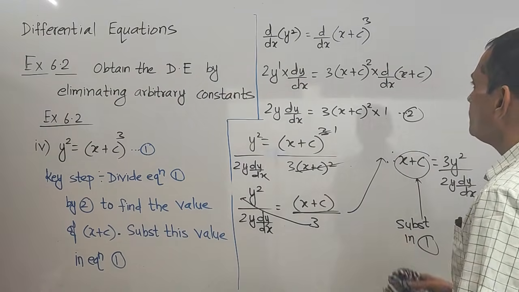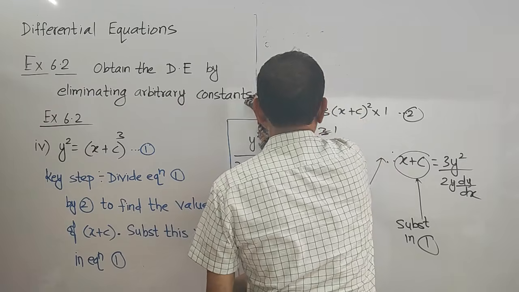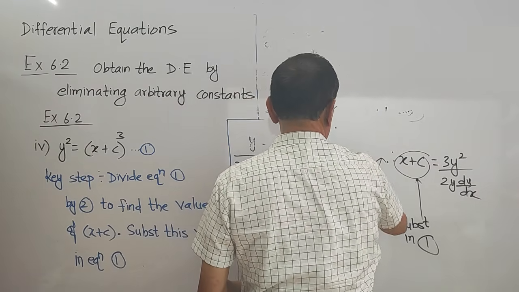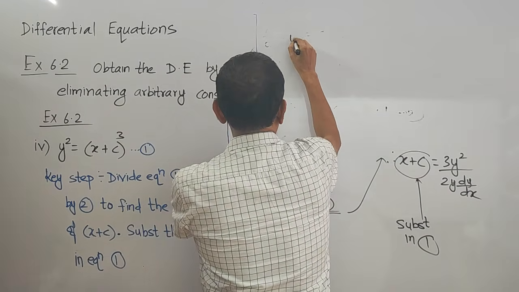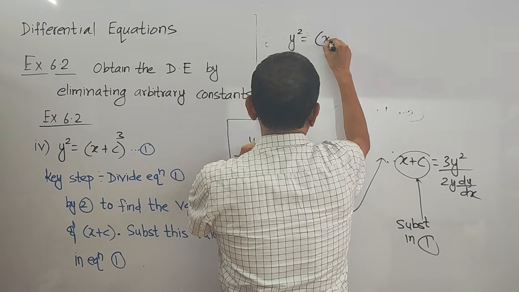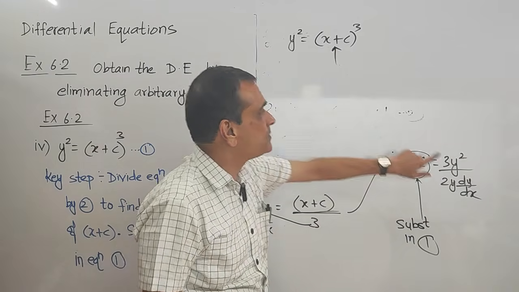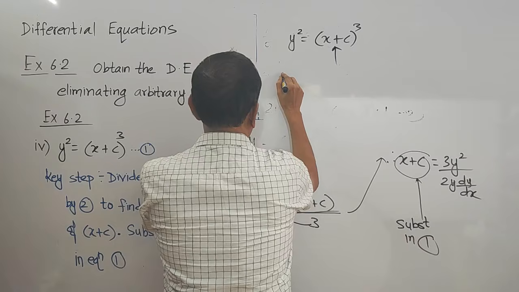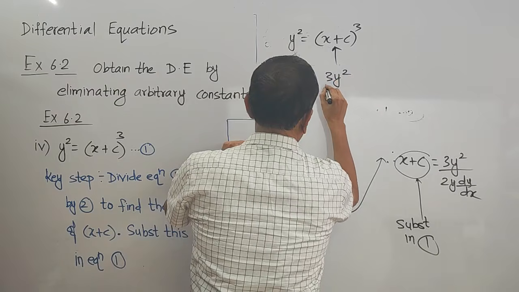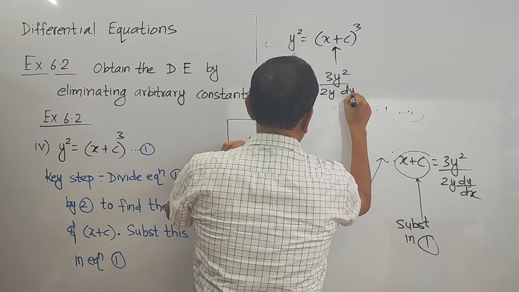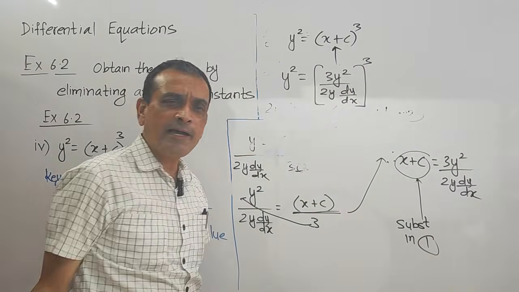So I will just drop this part now. Okay, देखो इक्वेशन 1 लिख रहा हूं मैं. यहां पे वैल्यू x प्लस c की सब्स्टिट्यूट कर रहा हूं. ब्रैकेट क्यूब है.